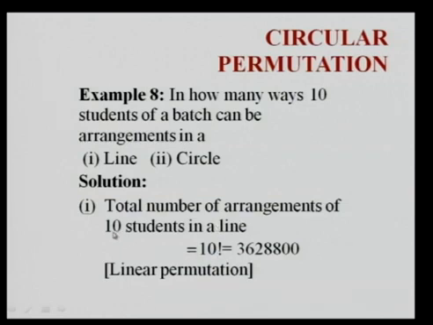Here the value of n is 10, so 10 students can be arranged in a line in factorial 10 number of ways. This is equal to 36,28,800. This is the linear permutation.